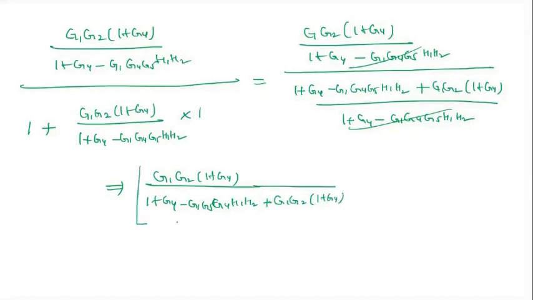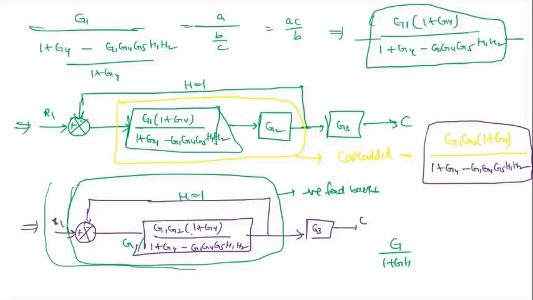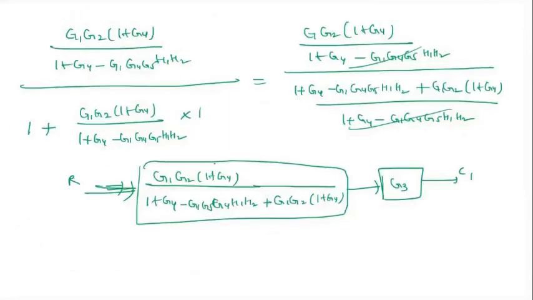So this is the one block of that negative feedback system. Here the input is R. Then one more block is called G3 in the original system. This is C1. See here in this green color box, I have marked this block. Now the resultant final transfer function C by R equals both cascaded, so that is multiplication.